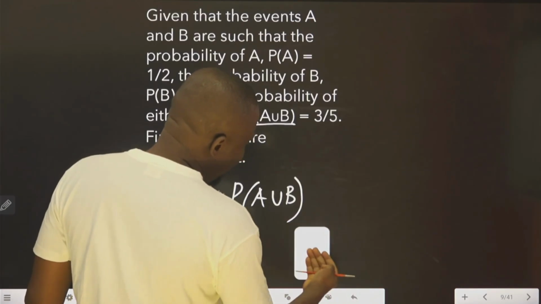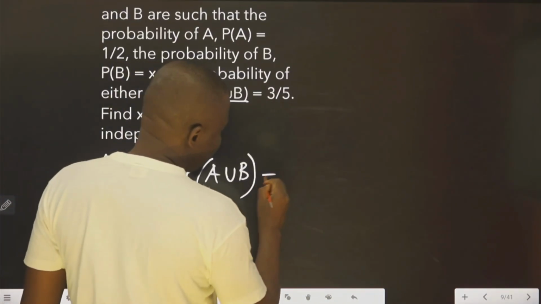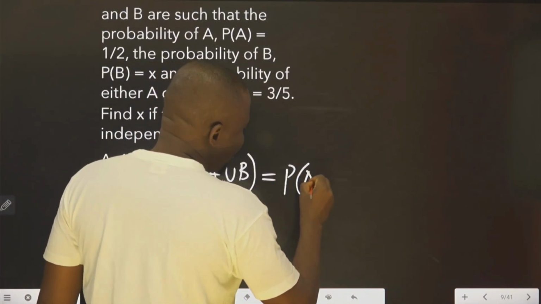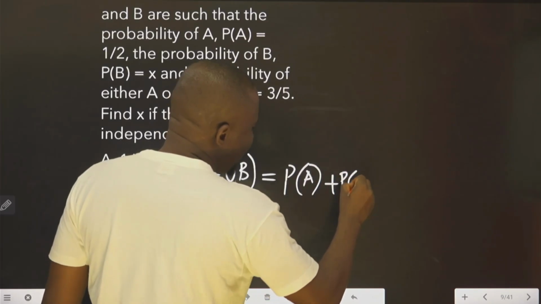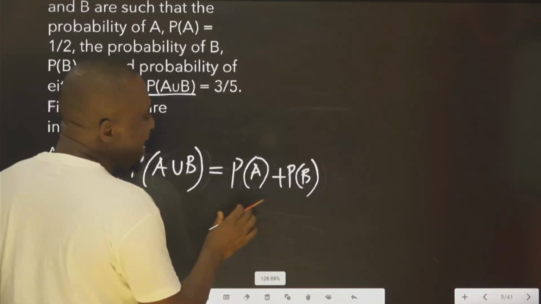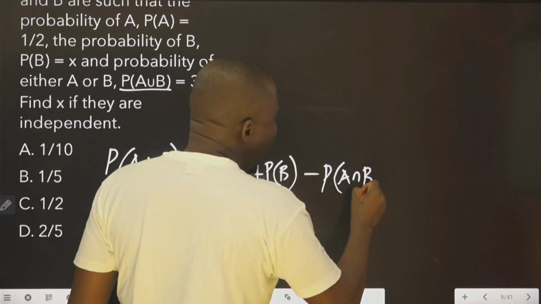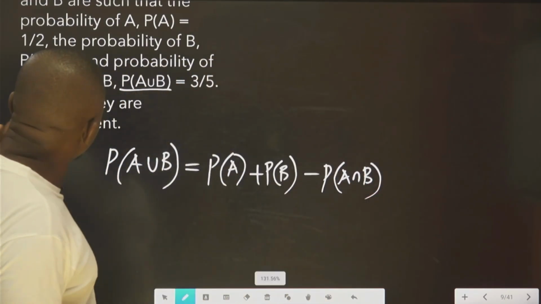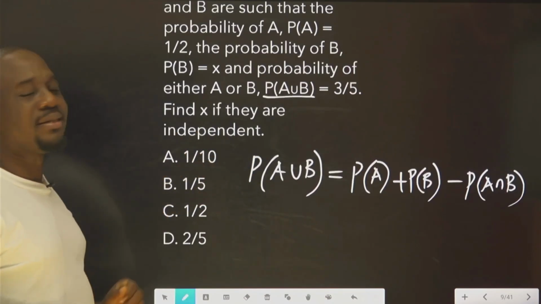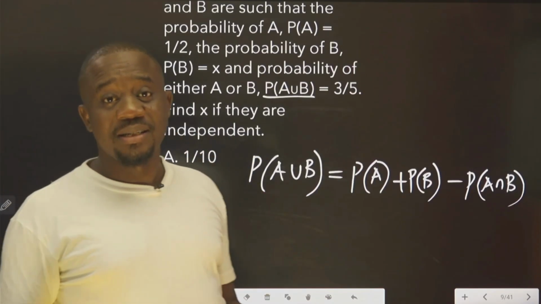What is actually the meaning of this? This one simply means the probability of A plus the probability of B minus probability of A intersect B. Why am I writing this? Because the question says what? Independent. They are independent. Okay?